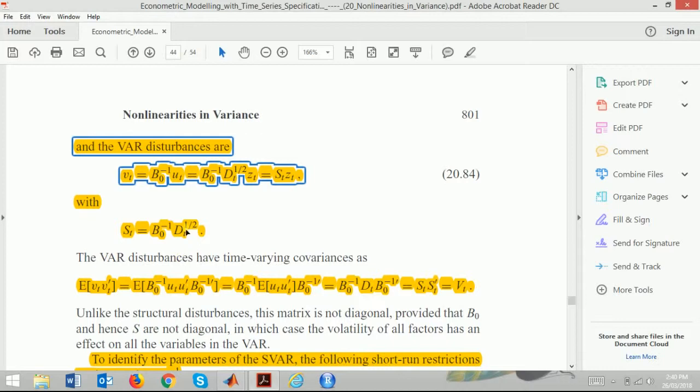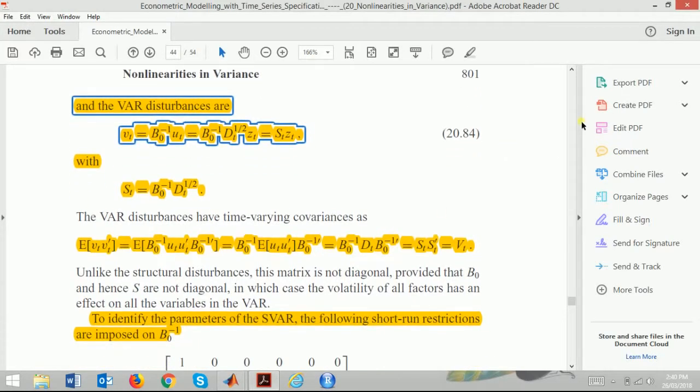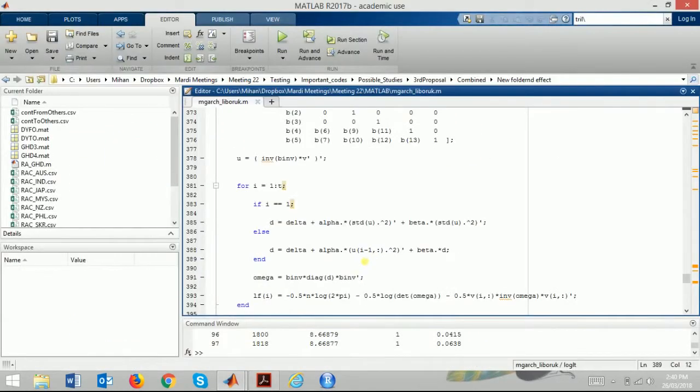Beta into D, because D is equal to delta plus alpha, because when we have GARCH 1 1, this is GARCH 1 1, standard deviation of u squared. When you have a multivariate model, 1 beta into D, this is how it looks.